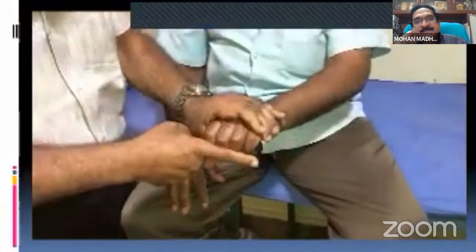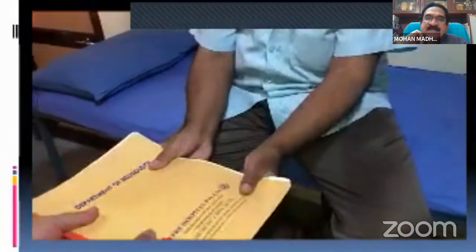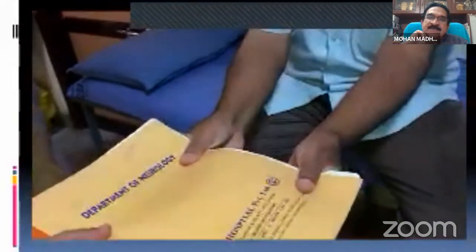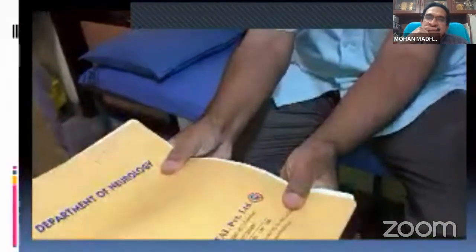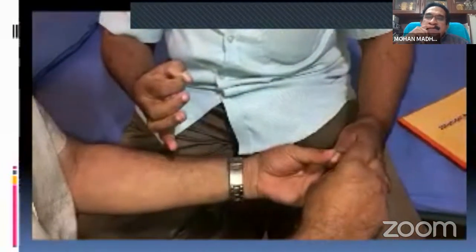Froment's sign was negative. He could not make an O; that is not possible. Like that, there is weakness of the flexor pollicis longus.